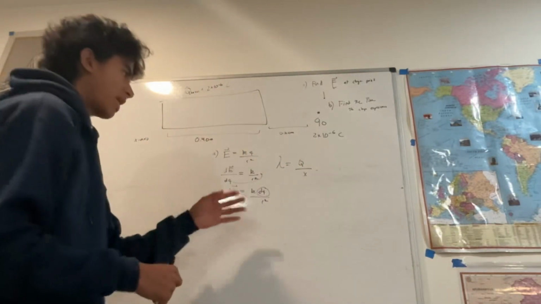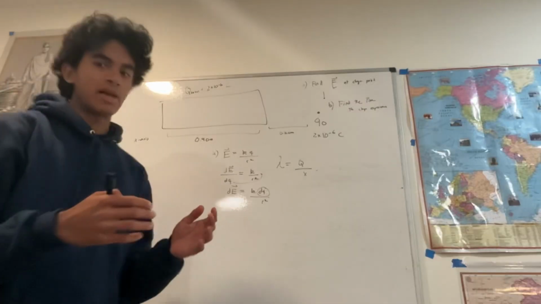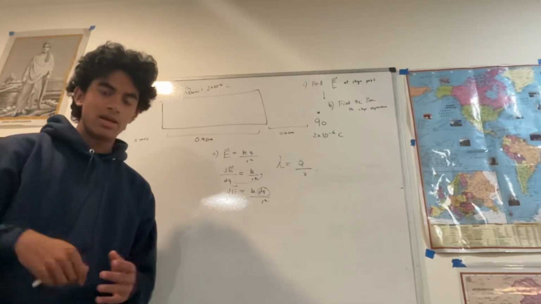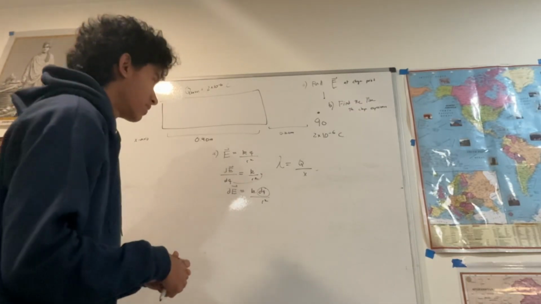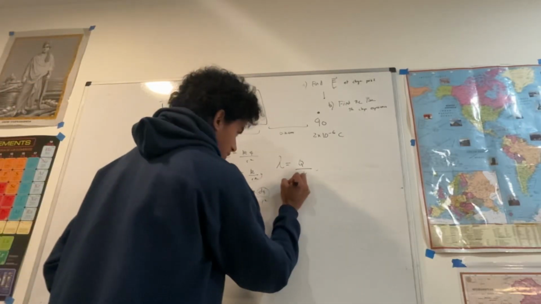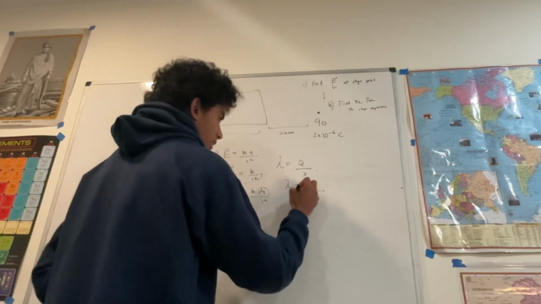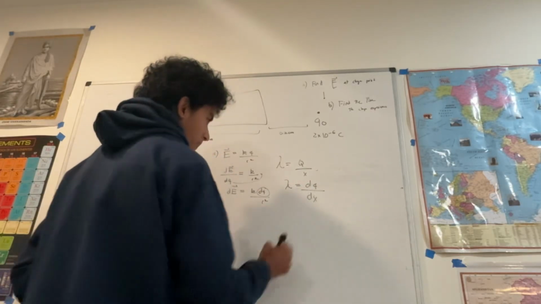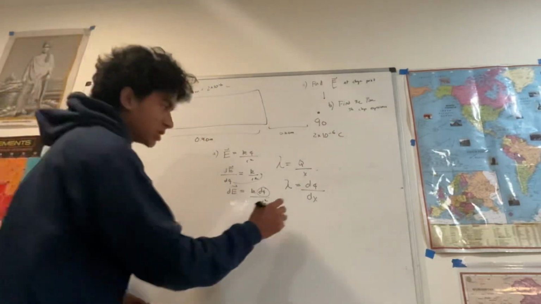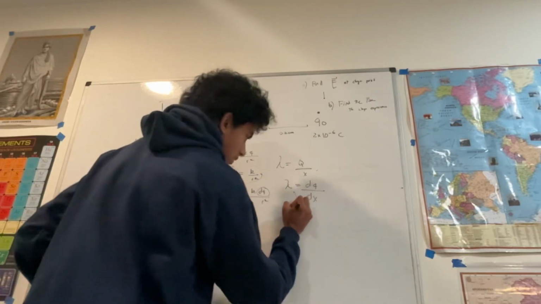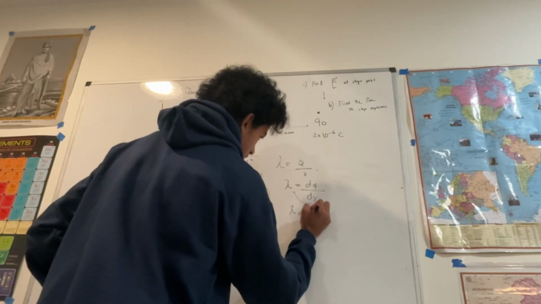So lambda is charge density. It means how much charge is packed in an amount of space. That means we can also rewrite lambda as a small amount of charge given a small amount of length. Multiplying dx to this side, you get that lambda times dx is equal to dq.